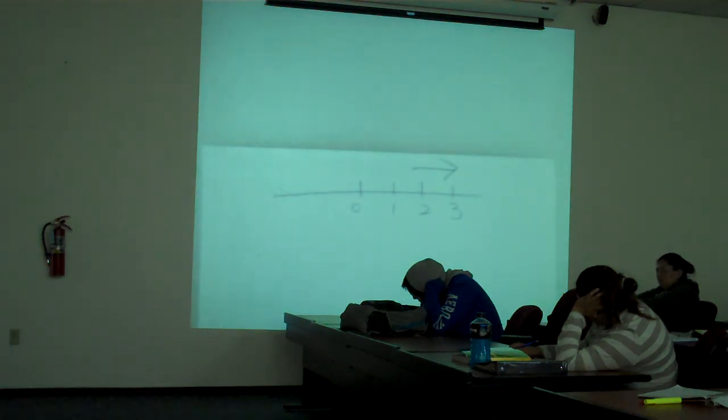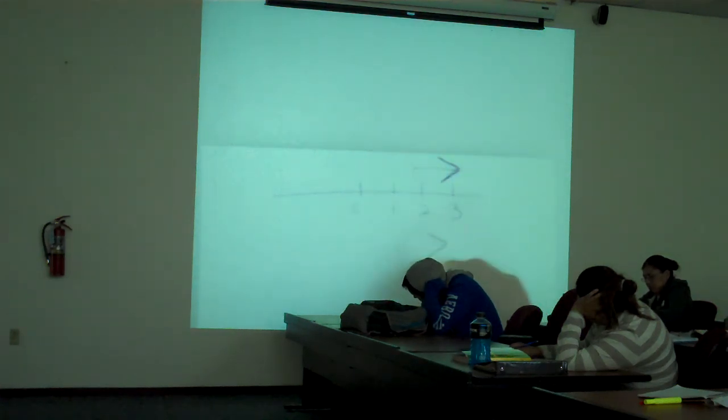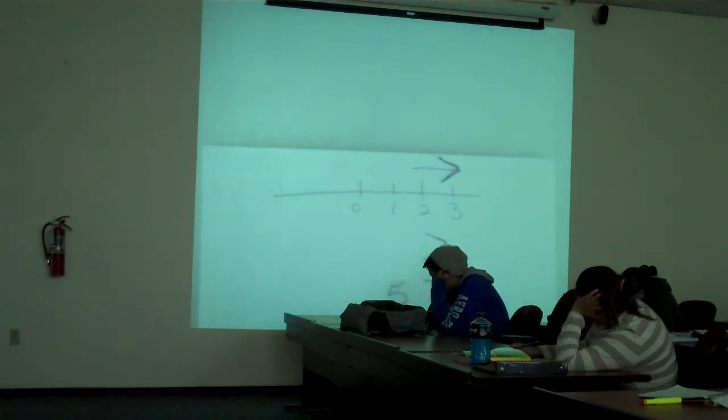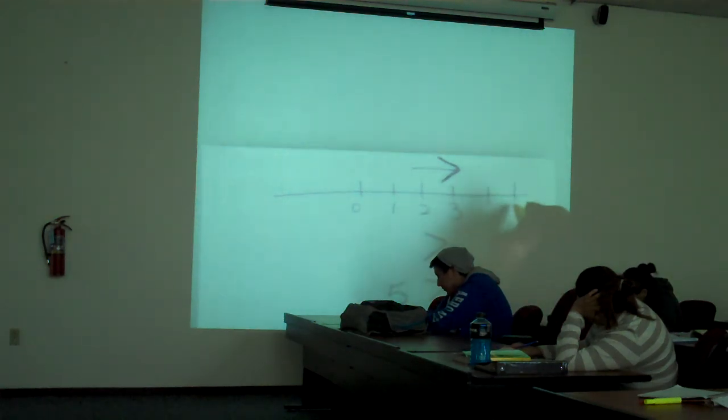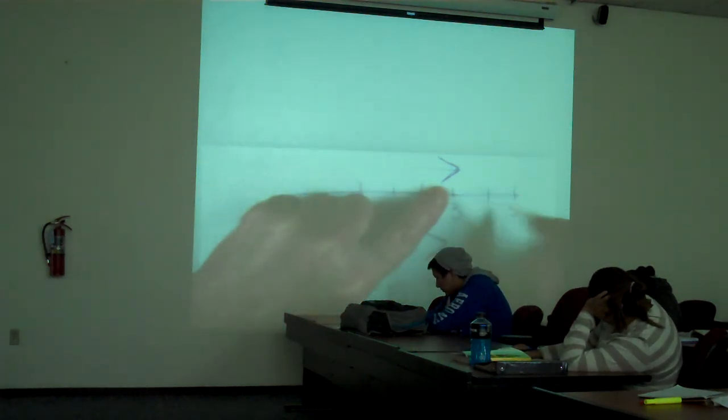So if a number is bigger than another number, you use this symbol right here. That means greater. So if it said 5 and 3, you would say 5 is greater than 3, which means that 5 is that direction on the number line from the 3. See, 5, from the 3, you go that way to get to the 5.